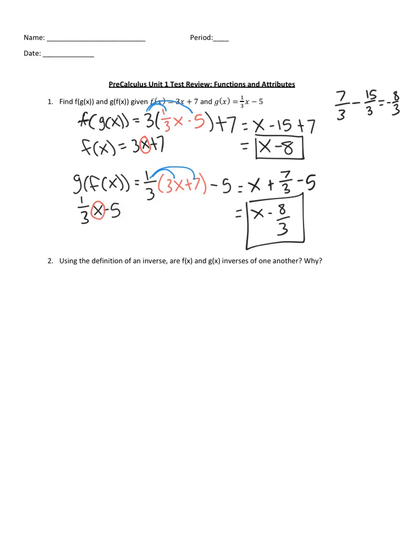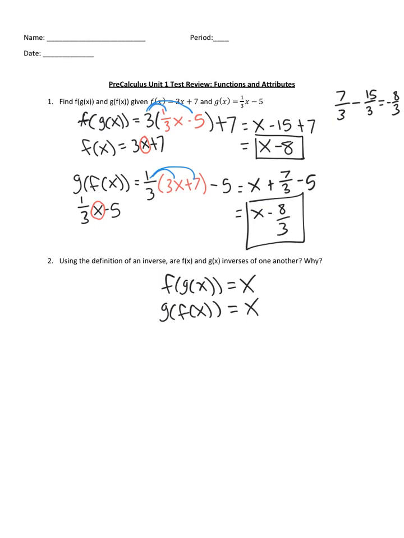Number 2 wants you to determine if those two functions from number 1 are inverses or not. In order for something to be an inverse, you need to have f of g of x equal to just x. G of f of x also has to be equal to just x. In both cases here, these are not just equal to the single letter x. One of them has a minus 8 attached to it.